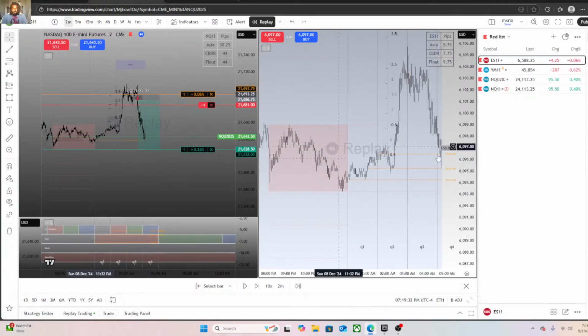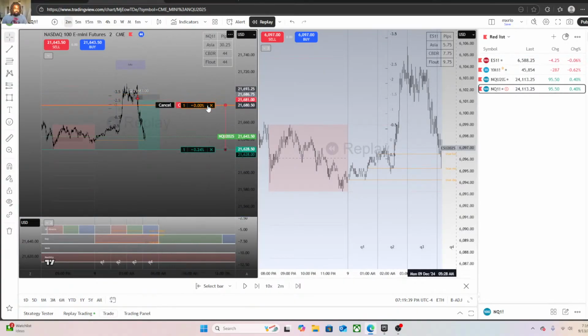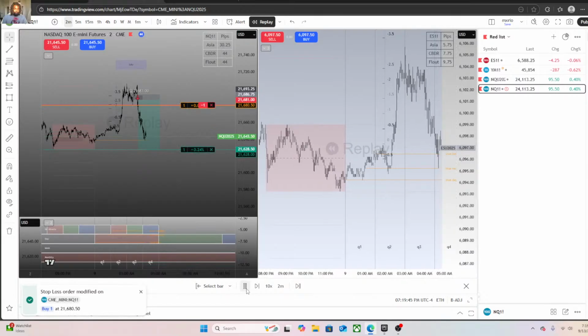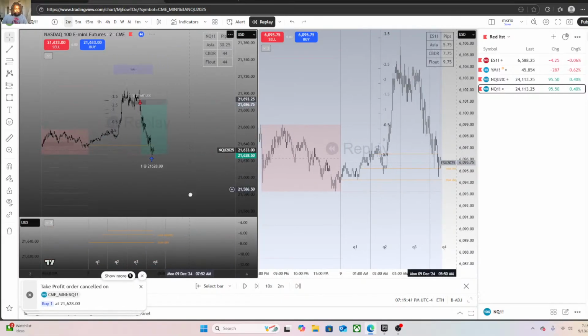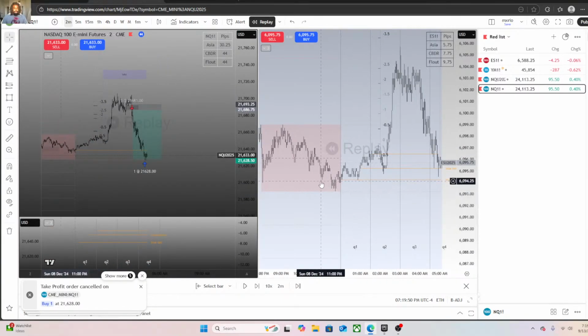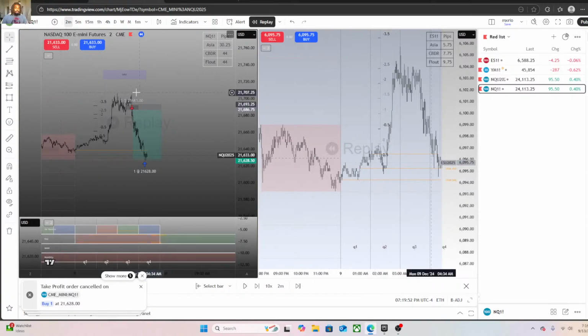Now you want to look over here. Make sure neither one of these swept Asia lows beforehand. If you want, you can move your stop loss down to a recent higher high or go to break even. Risk-free trade. Confirm. TP hit. Simple. So that was London session right there.